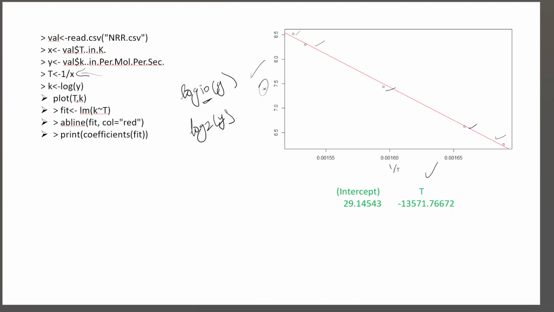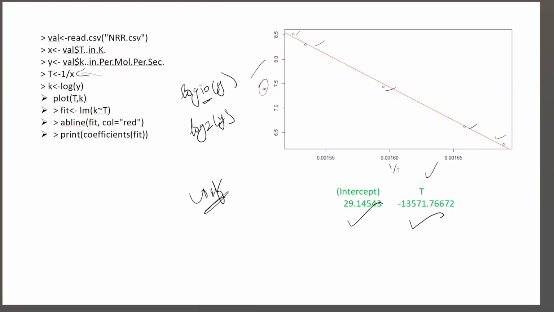Each function or variable has different coefficients, and they will be returned when we give coefficients, or you can type it completely as coefficients also. So print coefficients of fit and you will get the intercept and the slope value.